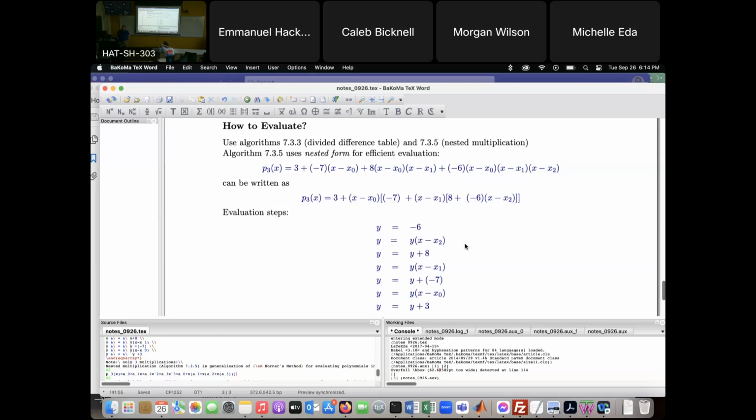So if there's a way to modify how an algorithm is implemented to reduce the number of multiplications, even if that means using more additions or subtractions, that's generally an advantage. So the fact that the number of multiplications is kept at a minimum is particularly important.